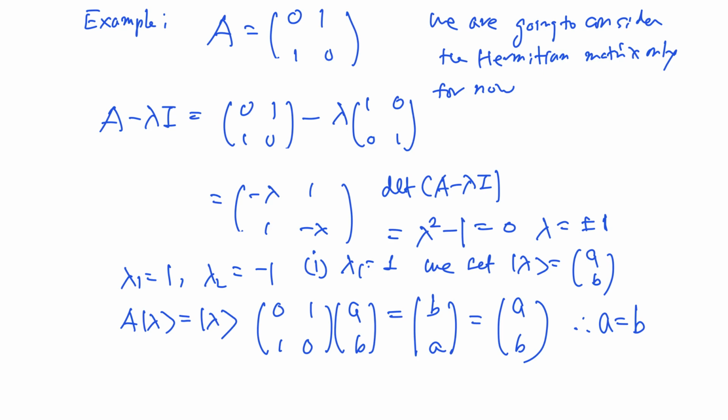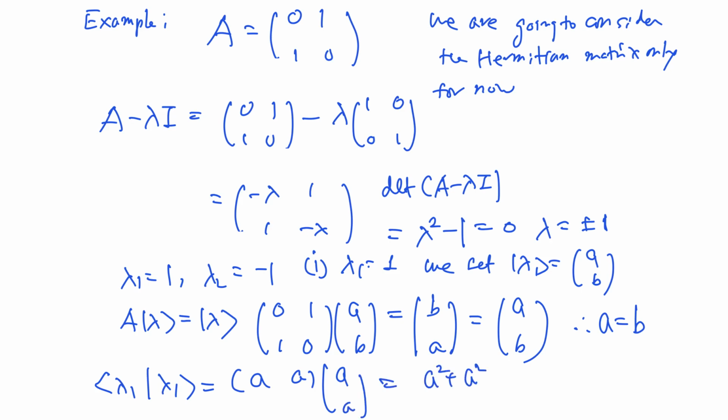So if lambda 1 is 1, normalizing gives A squared plus A squared equal to 1. If we set A as 1 over square root of 2, right?